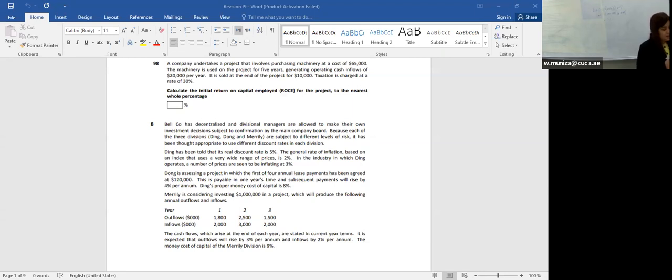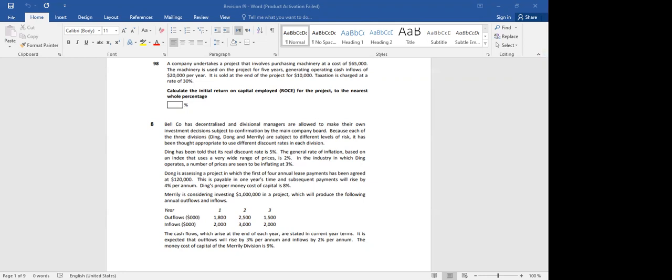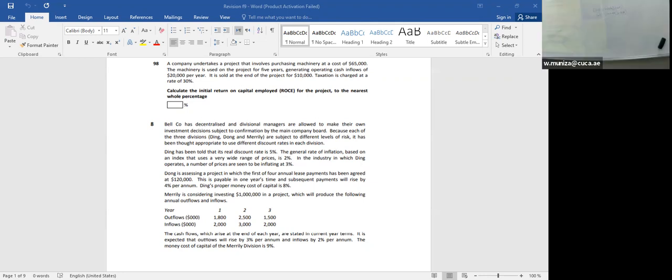The money cost of capital of Merrily division is 9%. Now, Angelica, can you start calculating the cash flows? All the information is given to us. You have to incorporate the inflation into the calculations.